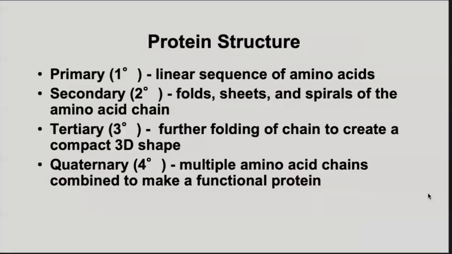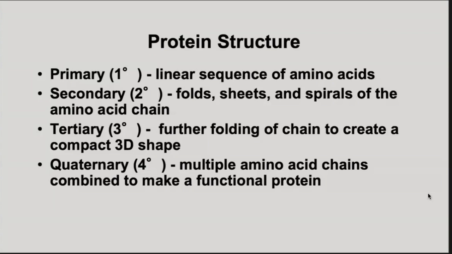All right, a little bit more about protein structure. To understand the next kind of model, you have to know a little bit more about the structure of proteins. So every protein can be described as having either 3 or 4 levels of complexity or levels of organization. So every protein is going to have what we call a primary structure.